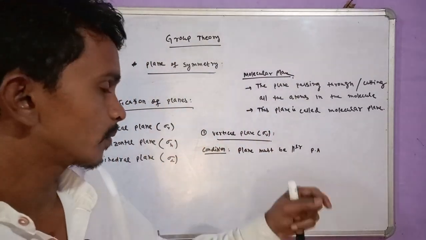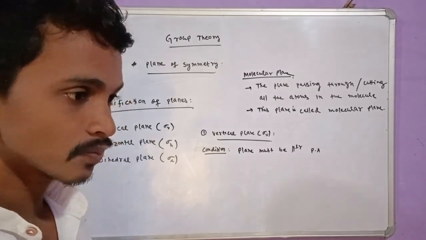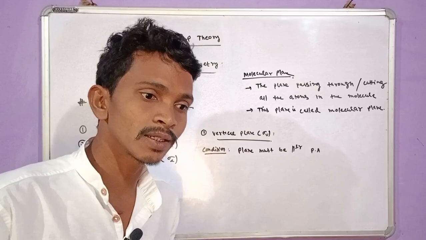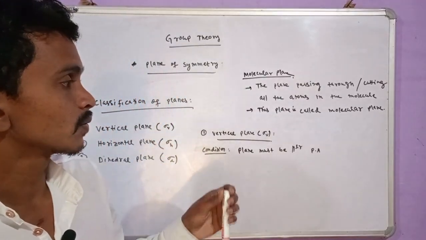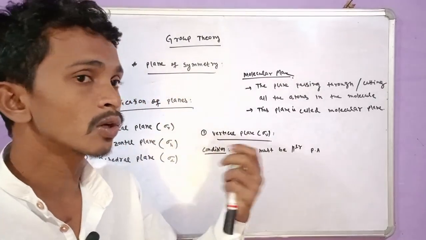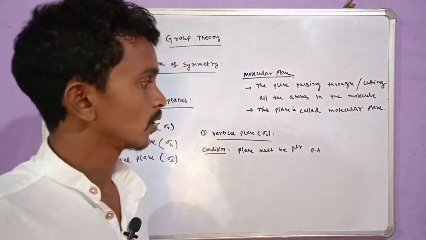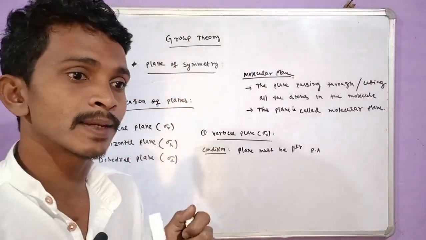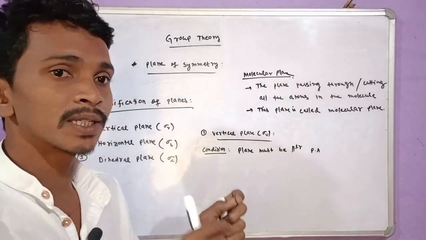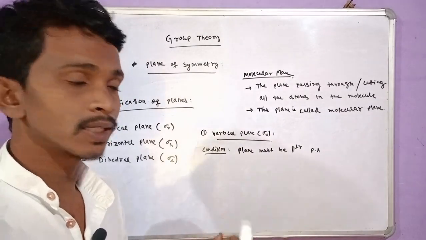You know what principal axis means. In the previous class we discussed that the axis which has the highest order, where n is highest, is called the principal axis. Or if n is the same, then the axis passing through more atoms is called the principal axis.